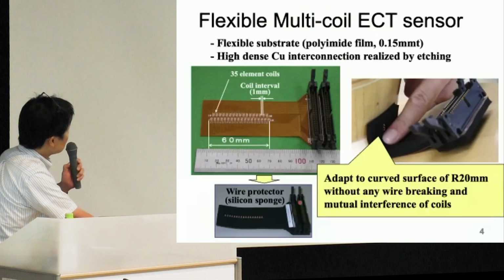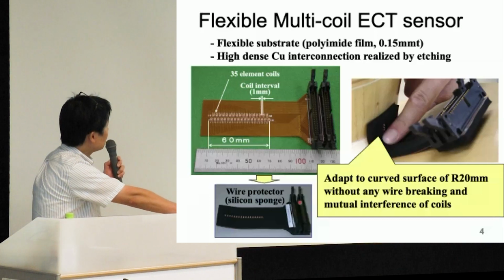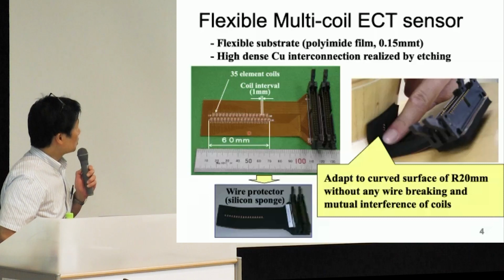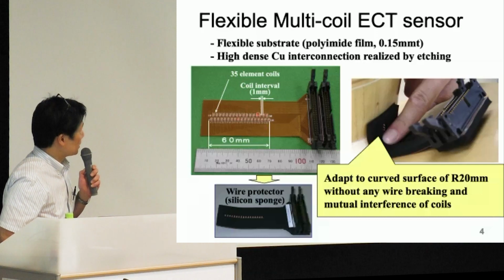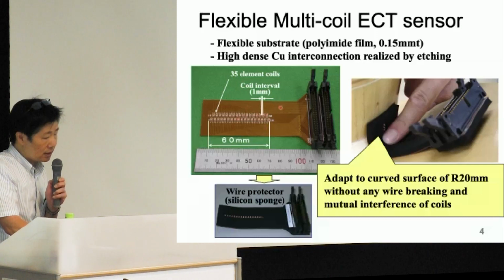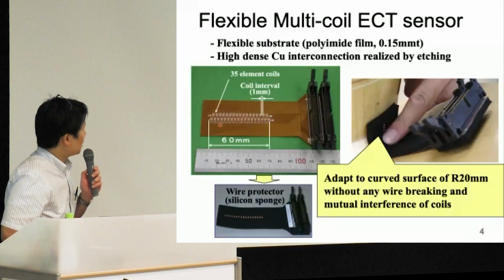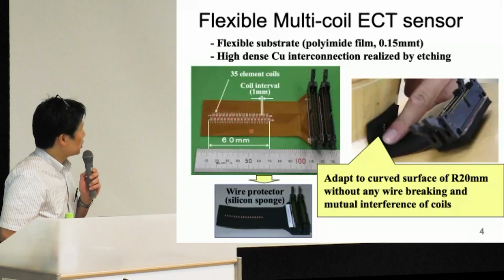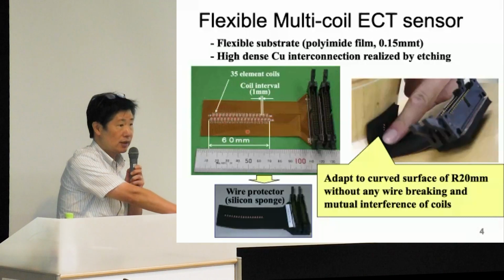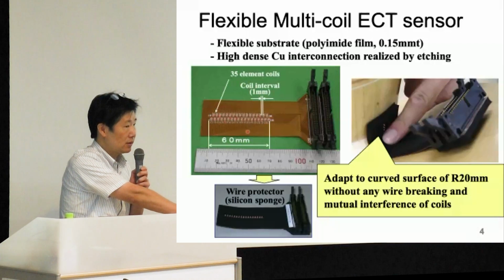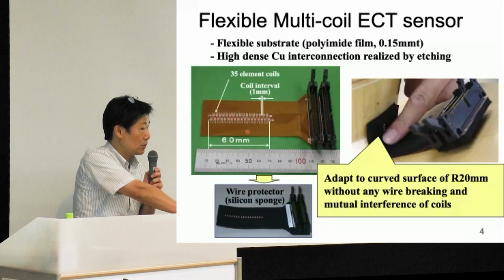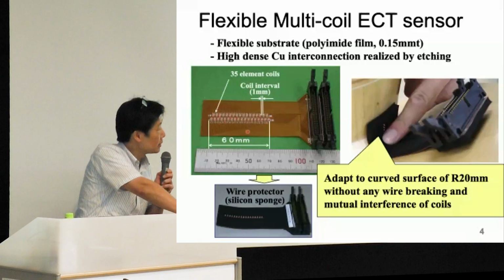So here, I want to introduce a flexible multi-coil eddy current sensor. So this is a photo of a flexible multi-coil eddy current sensor. So you can see a lot of element coil aligned on the flexible substrate. It's similar to a phased array that was introduced by Professor Fiat.